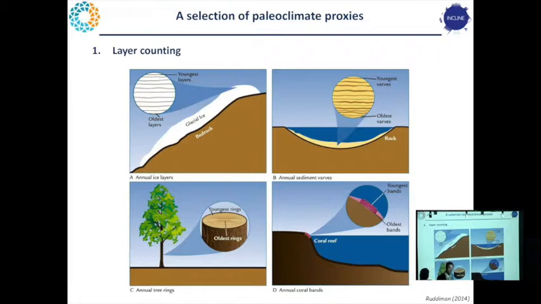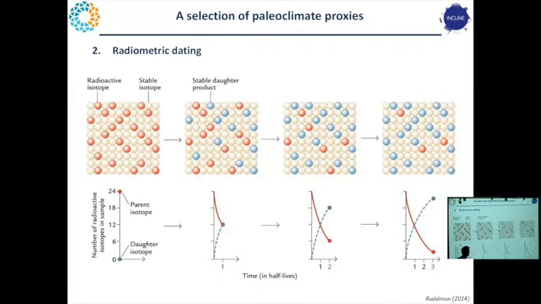Unfortunately, this is not applied in many situations, so we need other ways of dating. And this brings us to radiometric dating. Radiometric dating is based on the principle of radioactive isotopes, the red balls here if you want.